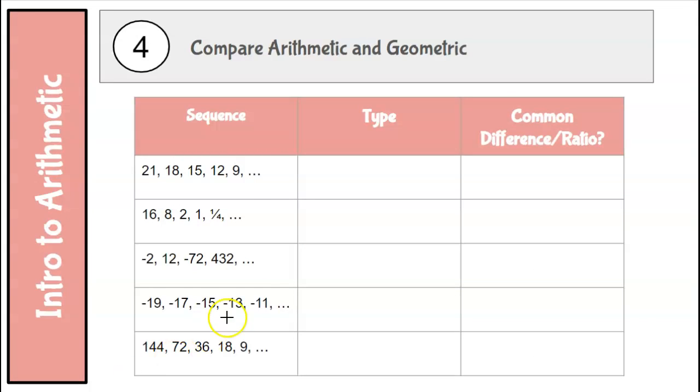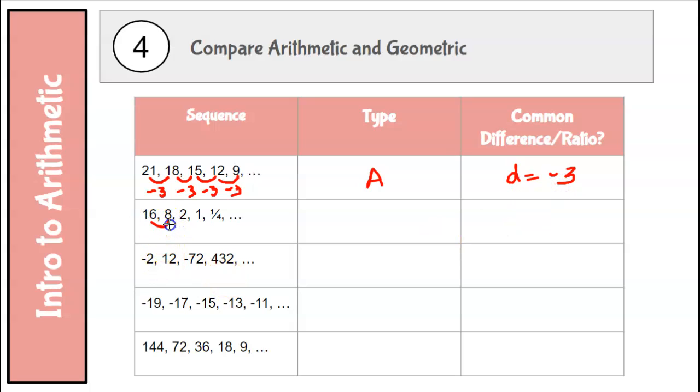To wrap up this lesson, we are going to compare arithmetic and geometric. So remember, arithmetic has a common difference and geometric has a common ratio. So when we look at the difference here, it's -3. So that's arithmetic because it's always the same and it has a common difference of -3.